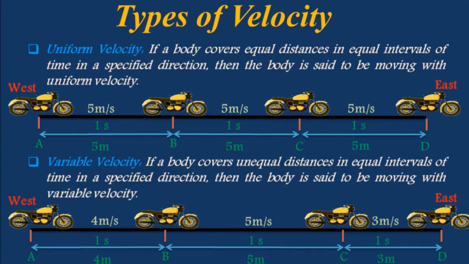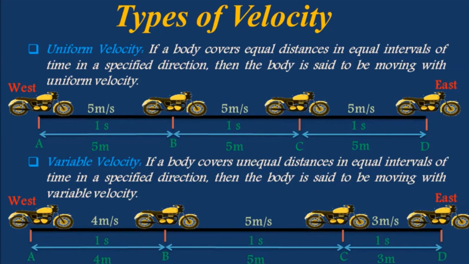But it is covering unequal distances in equal intervals. So, the velocity of this bike is called as variable velocity. Observe carefully. The distances are different.